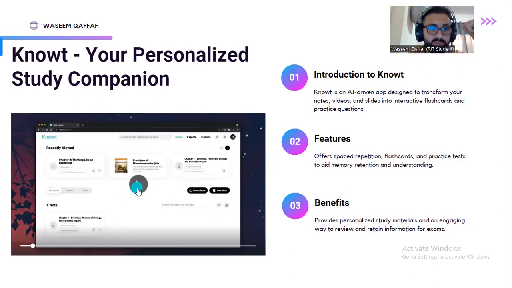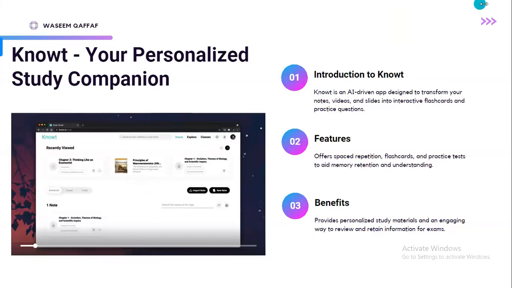Video on how to get automatically created flashcards from any of your notes, as long as they're not math related. All you have to do is add your note to the app. You can either import, add a new note, but once you do have it in, you just have to open up the note.